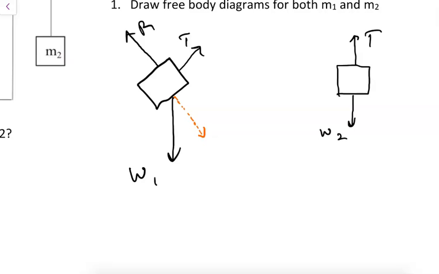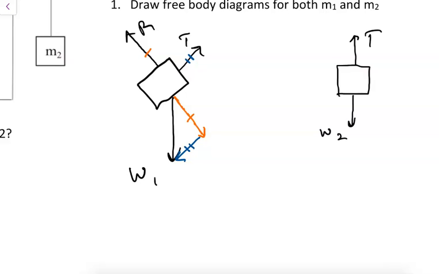So this is going to be equal to this. Let's draw it as a straight line. And the downward, or parallel, component of the force of gravity acting on mass 1 should also be equal to my tension force.